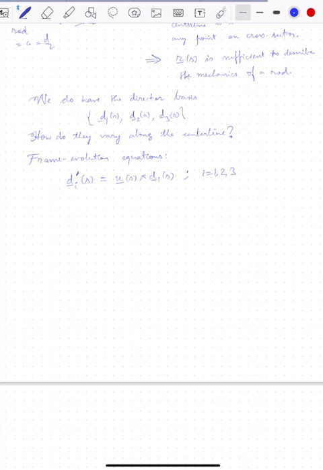Now the vector u of s is given as kappa 1 d1 vector of s plus kappa 2 d2 vector of s plus kappa 3 of s d3 of s, and mind you that they are themselves functions of s, so I should be more careful while writing this down.